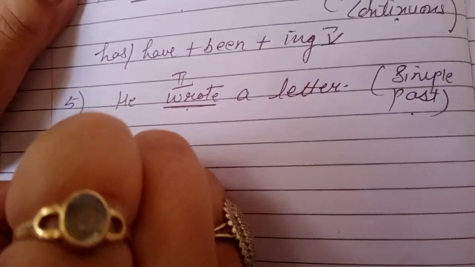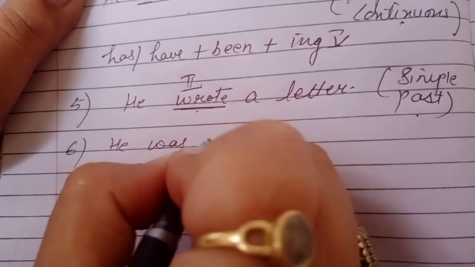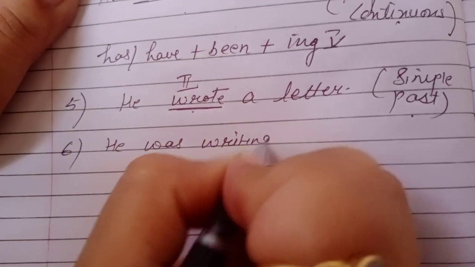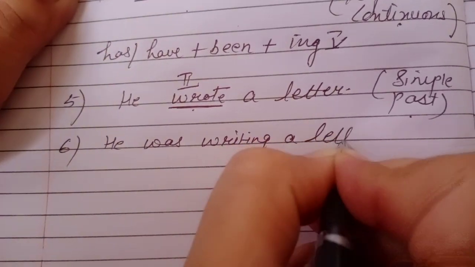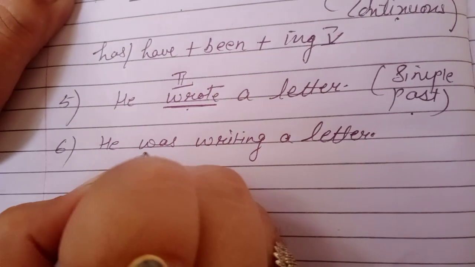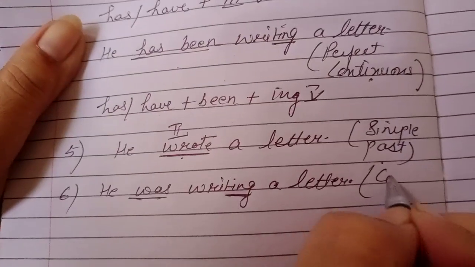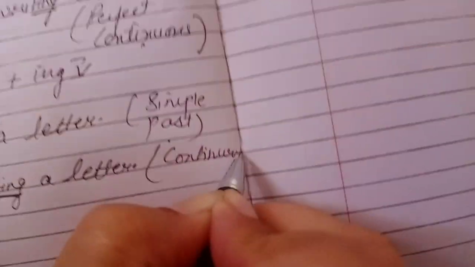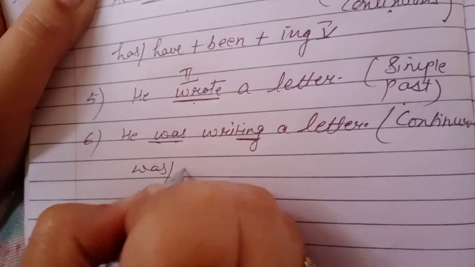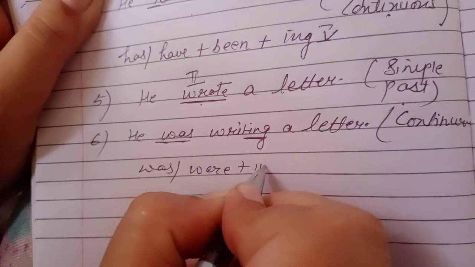Now, number 6, he was writing a letter. Again, identification was ing. Similarly, like is ing, it is continuous. Whenever there is was, were plus ing to verb, it is past continuous tense.